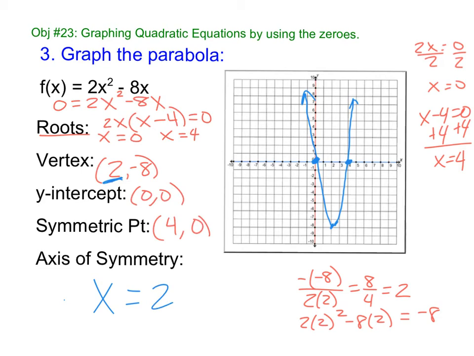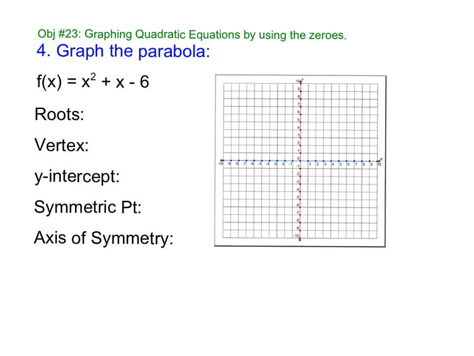Okay, same idea. This one, like before, the vertex is going to be a fraction. So don't freak out, though. It's okay. Go through, find your roots, factor and solve, vertex, do all the things. All right, so my roots multiply to -6, combine to 1.